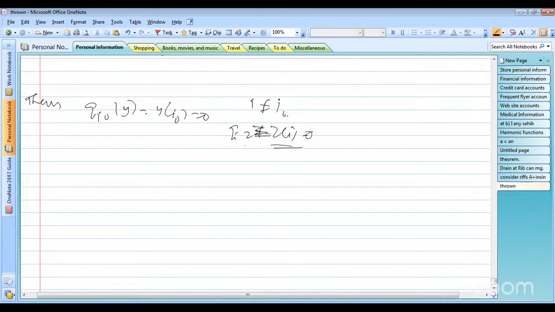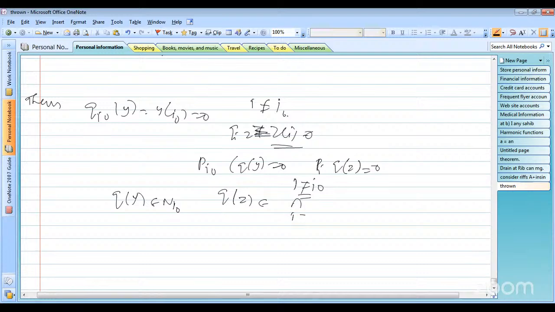So the condition is hence pi naught q y is equal to 0, and pi q of z is equal to 0 for all i not equal to i naught, which implies that q of y belongs to Ni naught, and q of z belongs to the intersection of Ni over i not equal to i naught. So both belong to this intersection.